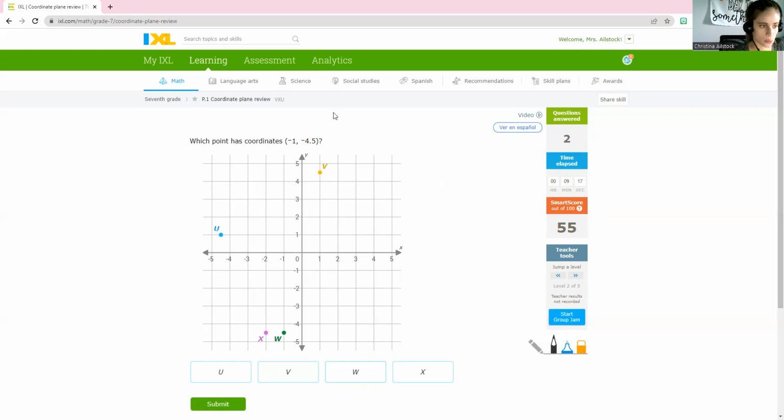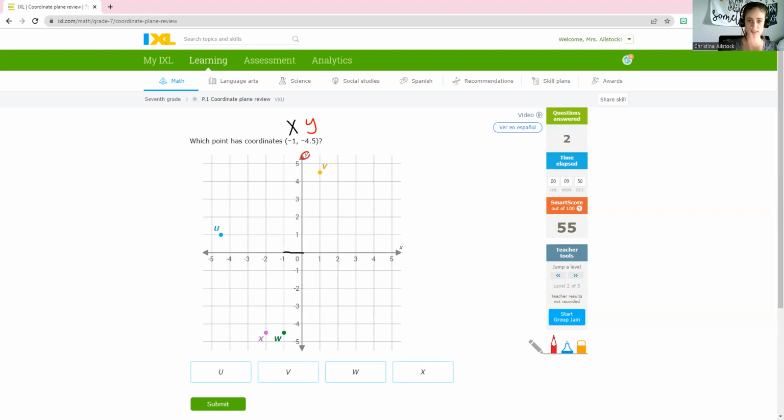So in this case, we'll make our X value and then our Y value. So if we have an X value of -1, that means I'd start here at 0 and go to the left 1, but I don't put a point there yet. I need to do that full movement before I place my ordered pair. So I'm just going to the left 1 space. And then my Y value is -4.5.